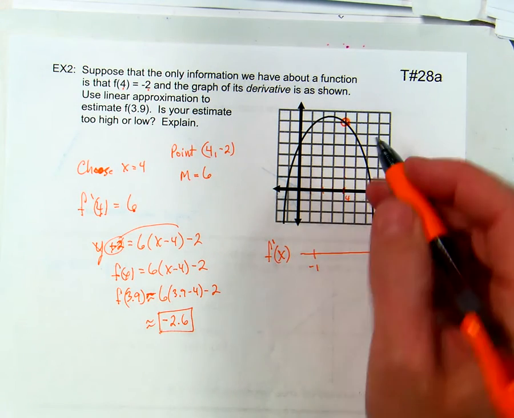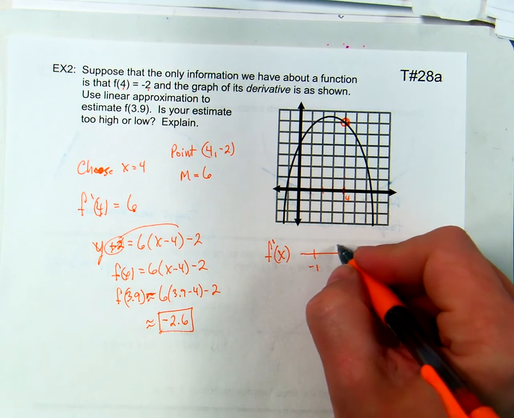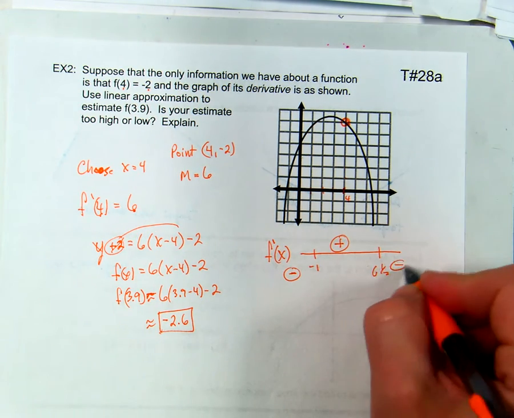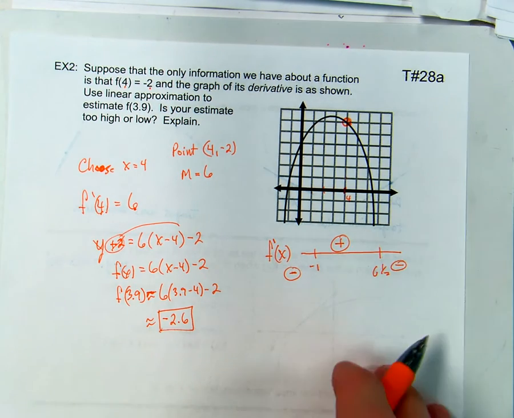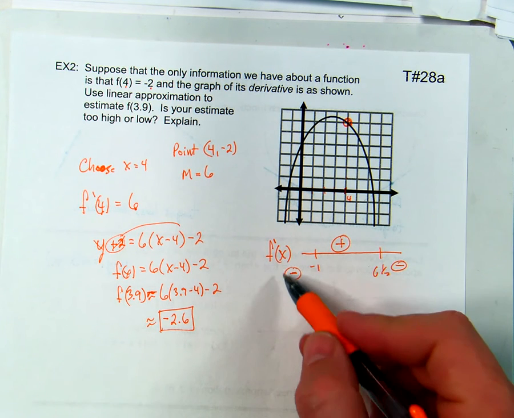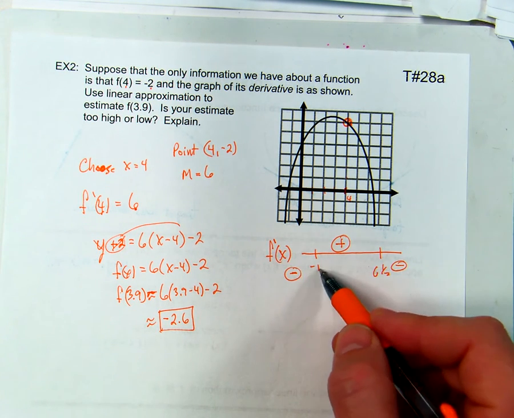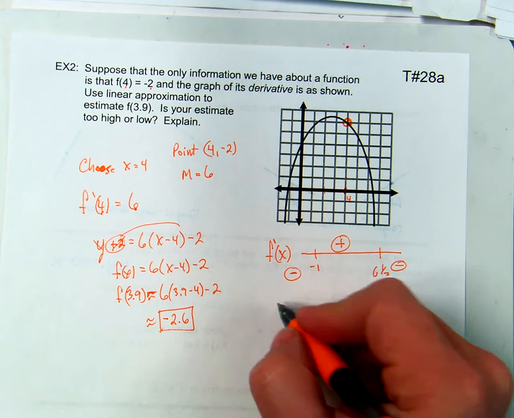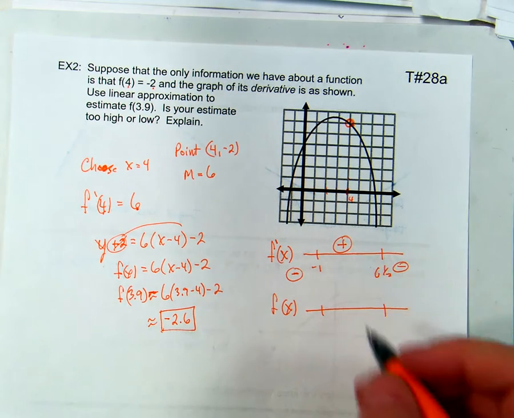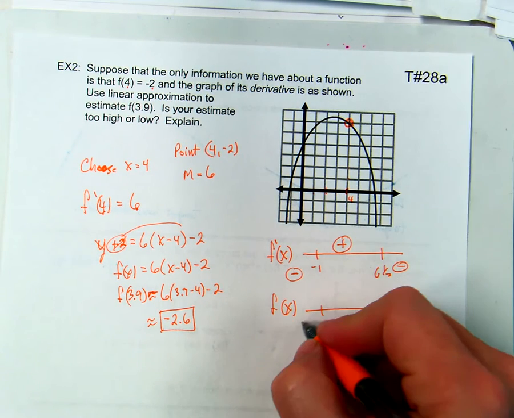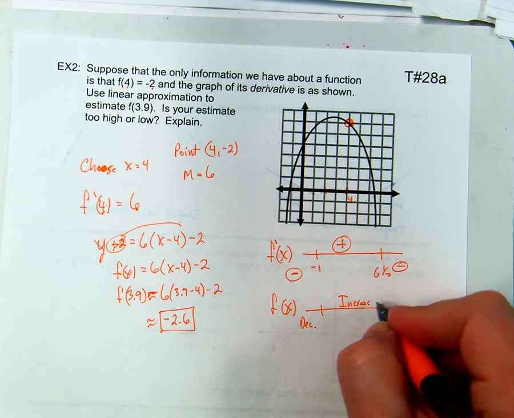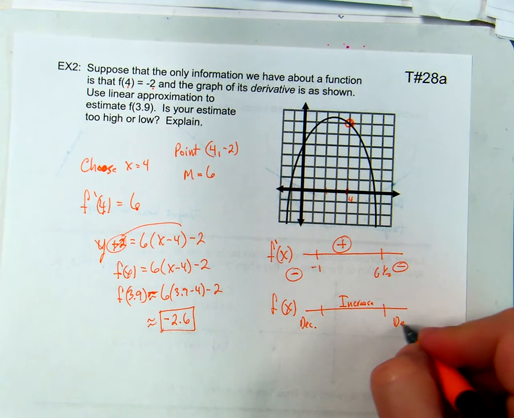And we know that it's positive on the derivative function here. We know it's negative and negative, right? So if the slope is negative, negative, negative, and at negative 1 it becomes positive, then on the original function at these same locations, we know that it's decreasing, it's increasing, and it's decreasing again.